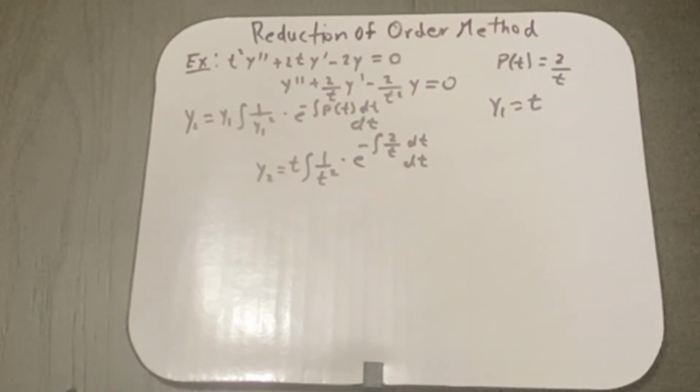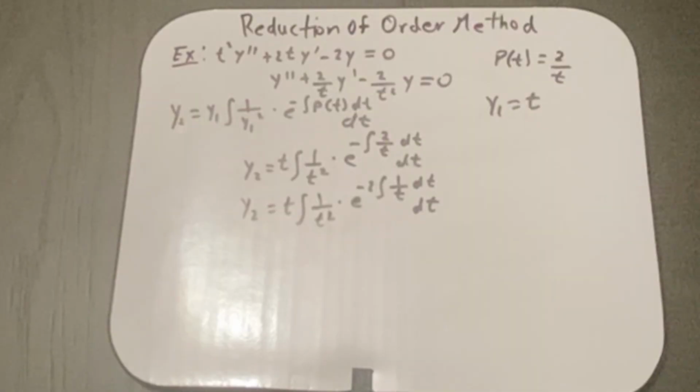Once we plug it into our formula, we get y2 is equal to t times the integral of 1 over t squared times e to the power negative integral of 2 over t dt. The next step is first simplifying the e to the power integral. In our integral, we have 2 over t dt. That 2 is just a constant, so it can be pulled out. Once we pull out that 2, we get the integral of 1 over t dt.